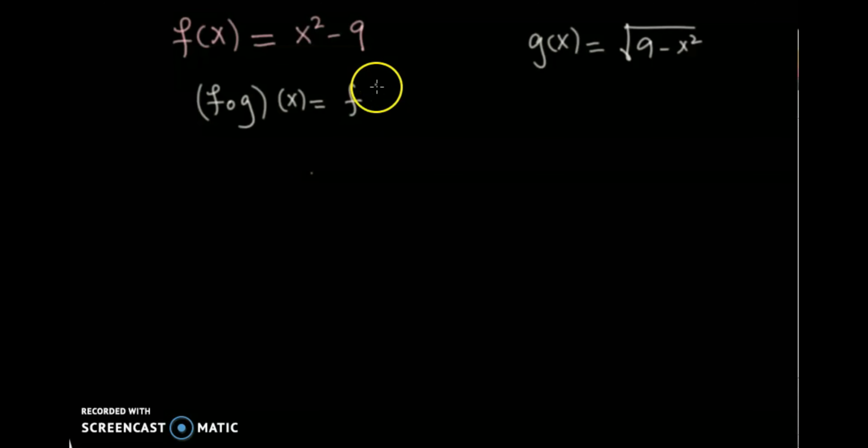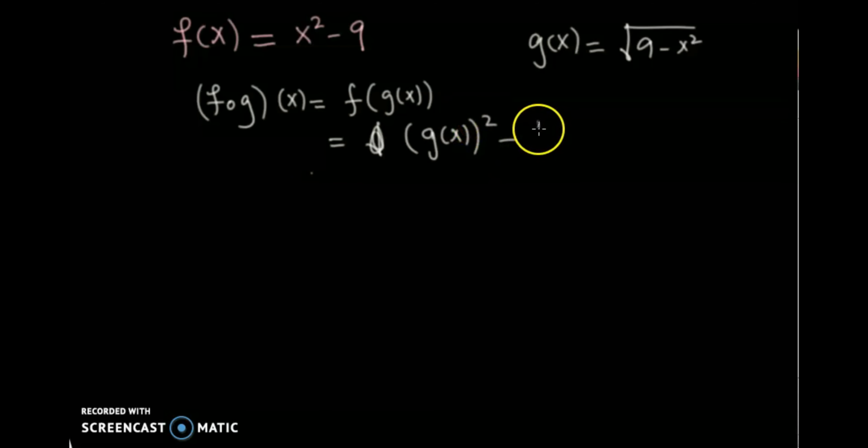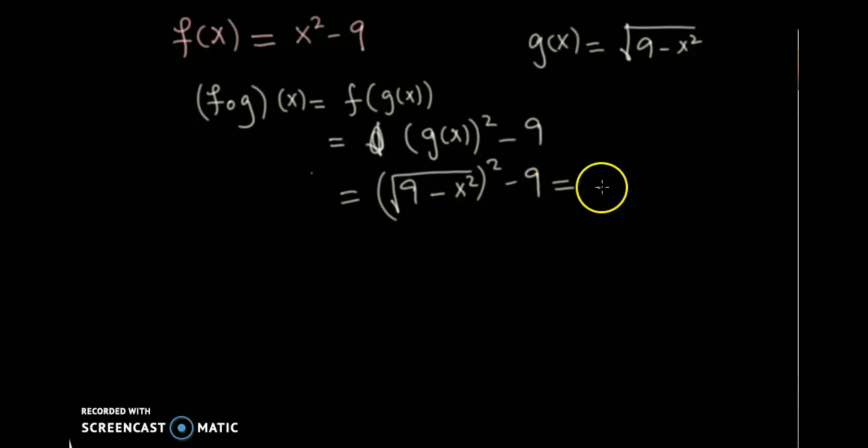So it is going to be f g composed into it. So it is going to be g of x square minus 9, which is going to be 9 minus x square whole square minus 9, which is going to be simply minus x square if I'm not wrong.